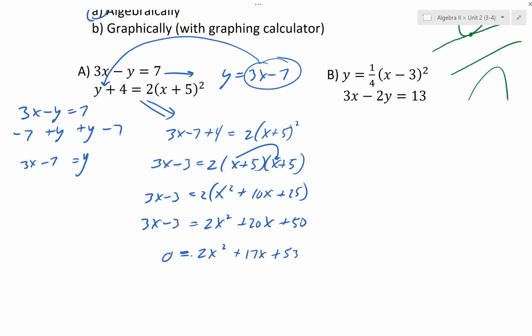Jason? We can use the formula, so we can use negative b plus or minus root b squared minus 4ac divided by 2a. Okay, that's true. We could use that. What's that called when we use that formula? The quadratic formula. So we could solve this by the quadratic formula. What would be another method that we've learned? Patrick?